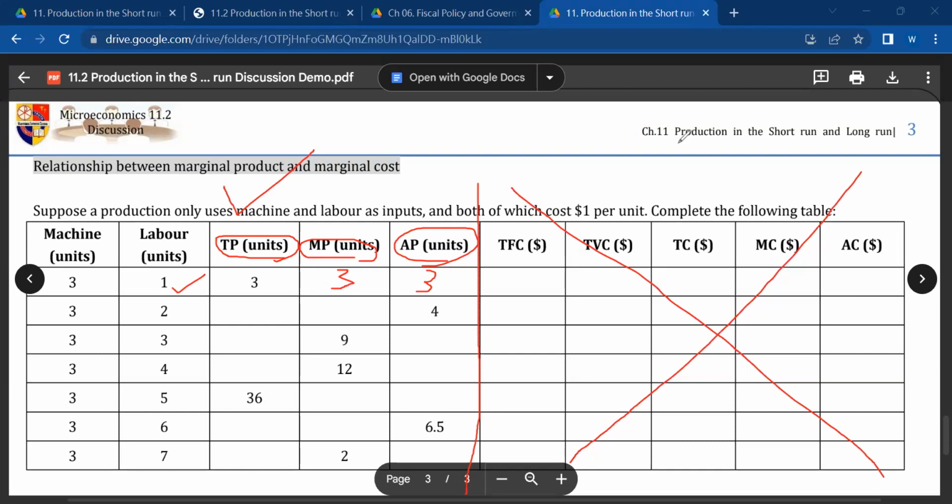Okay, and X3. Let me ask 梁雅文. 雅文, are you here? Yes. Can you tell me the answer of TP and MP for the second neighbor?